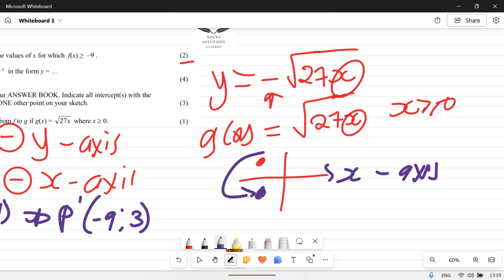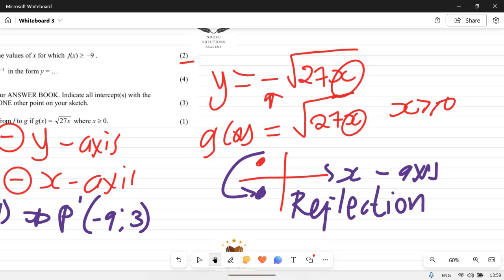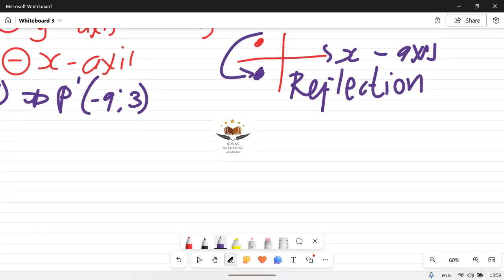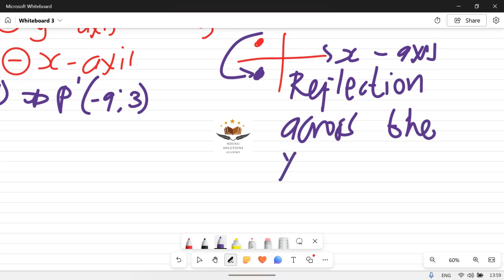So this is just a reflection across the x-axis, because what actually changes is just y. It was positive and it's now negative. I hope you get it.